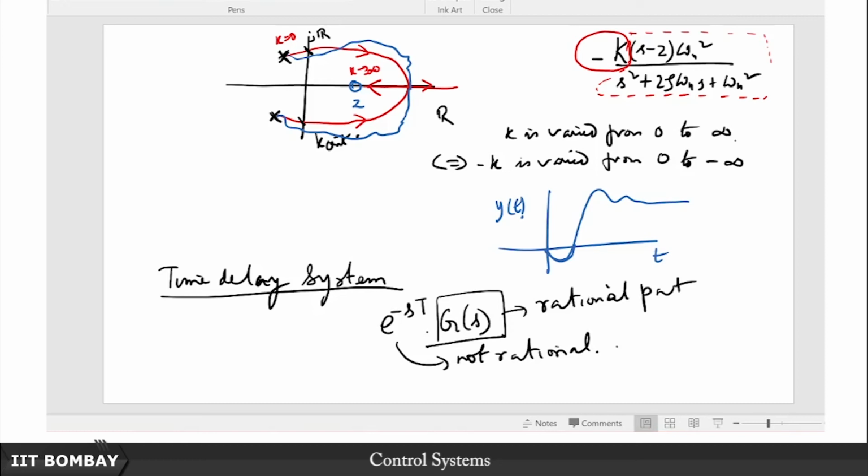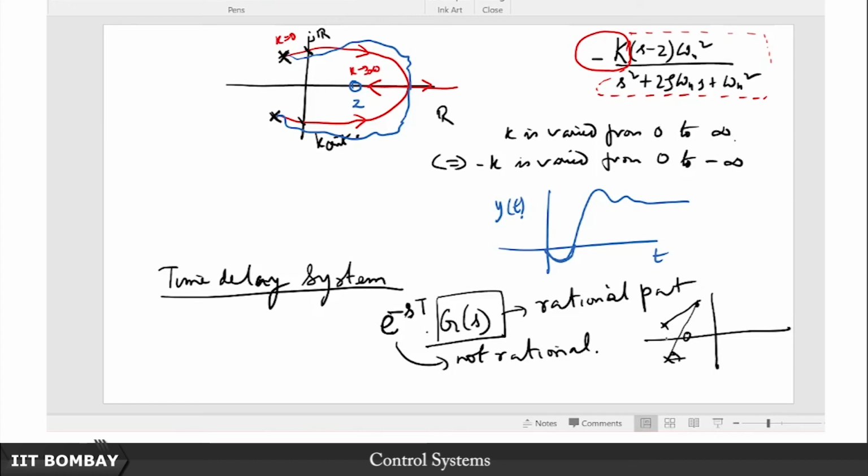Now you see, if you want to apply the angle criterion, there is nothing really stopping you from applying it to this, is it? What is the phase of this? This is after all a pure exponential. For example, with a rational transfer function, you want to figure out if this point lies on the root locus, and you have certain poles and zeros.